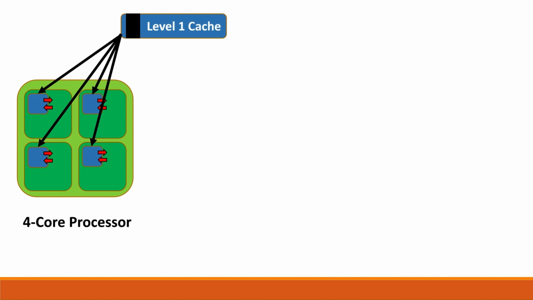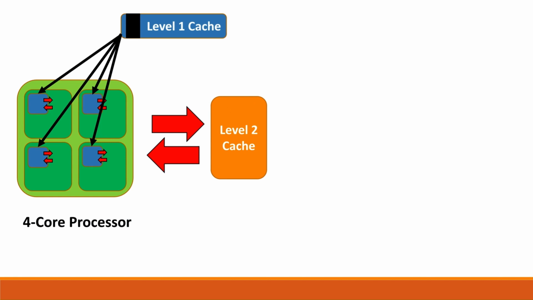As you can see in the picture, level 1 caches are present in the cores of the microprocessor, and the data transfer is very fast, near the speed of the microprocessor. After that, if the data is not found in the level 1 cache, it tries the level 2 cache. Level 2 cache is outside the microprocessor. It is on the motherboard.